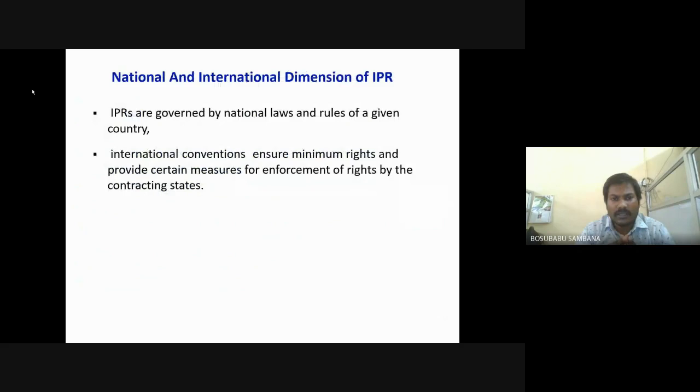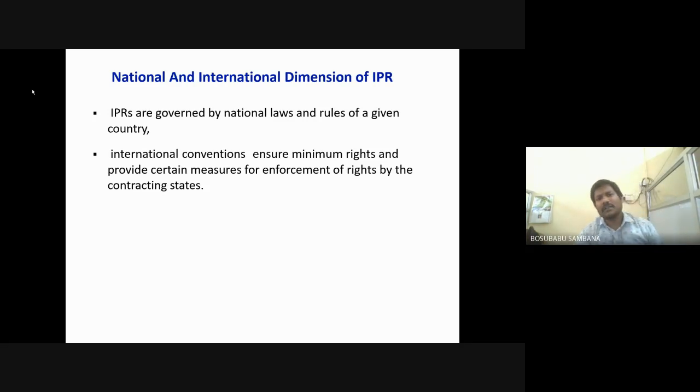Then you know the national and international dimensions of IPR. Generally, IPRs are completely maintained by the government of any country, not a particular state government. In India, IPR rights are maintained by the government of India. Similarly, there are the governments of Australia and Europe. The European Union covers nearly 30 patent offices under one roof, and WIPO is also there, Patentscope is also there, and the USPTO, the US Patent Office, is also there.